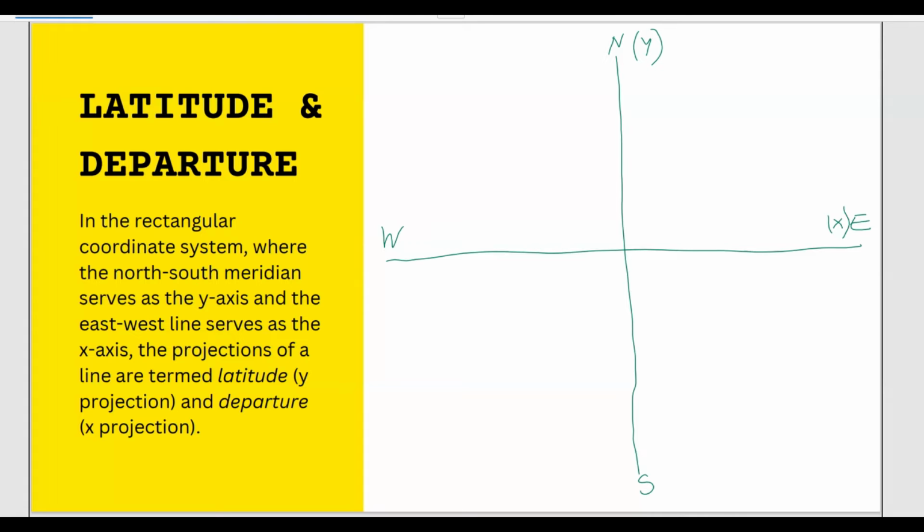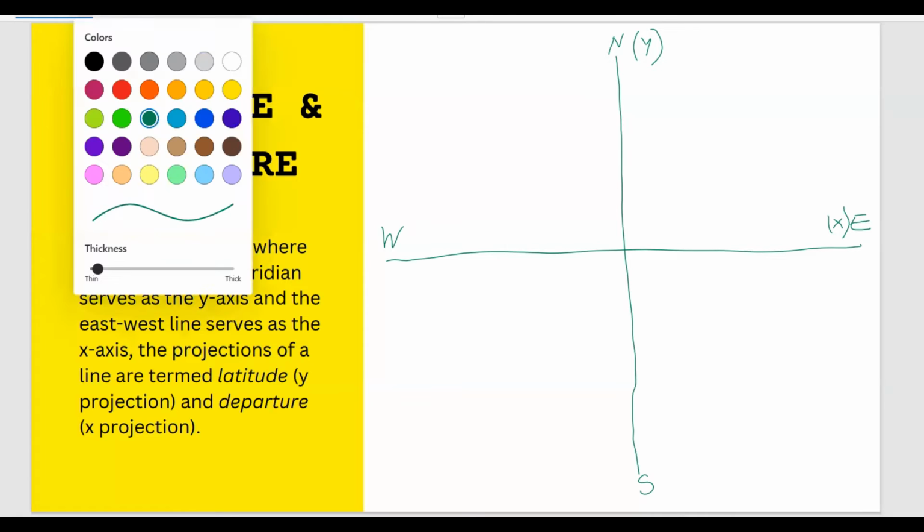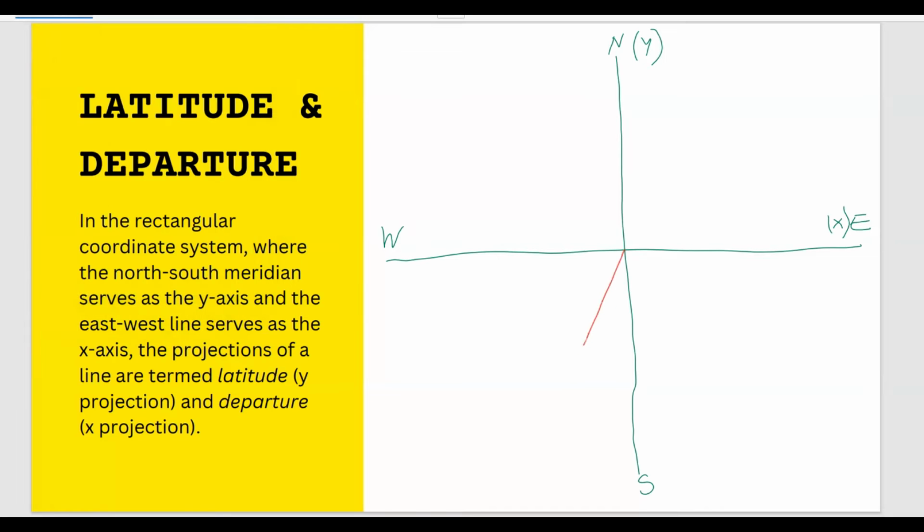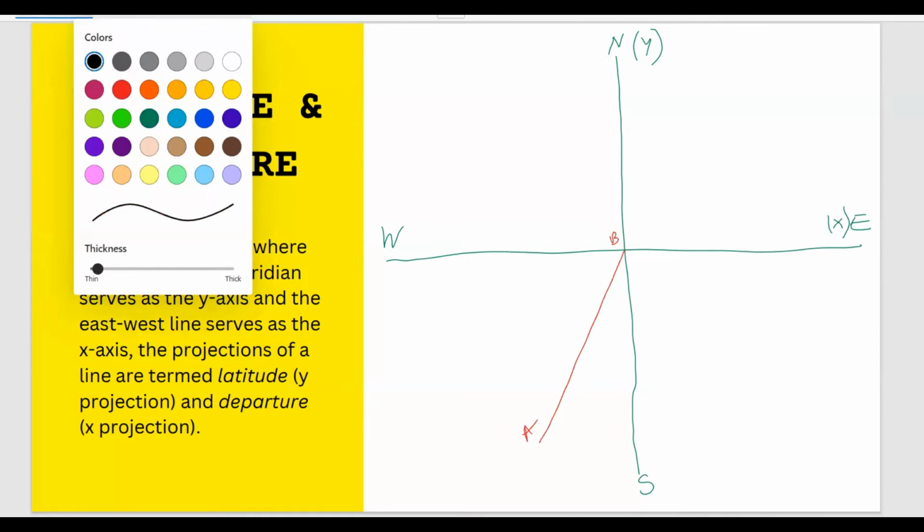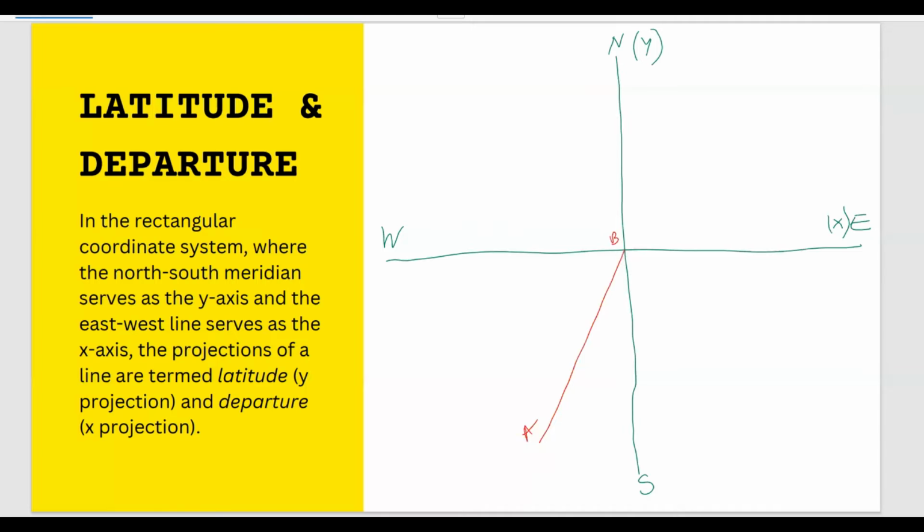And let's say we have a line AB. We have a line AB here. And the definition says that the latitude and departures are nothing else than the projections of this line on the X and Y axis, or north, south, west, east.